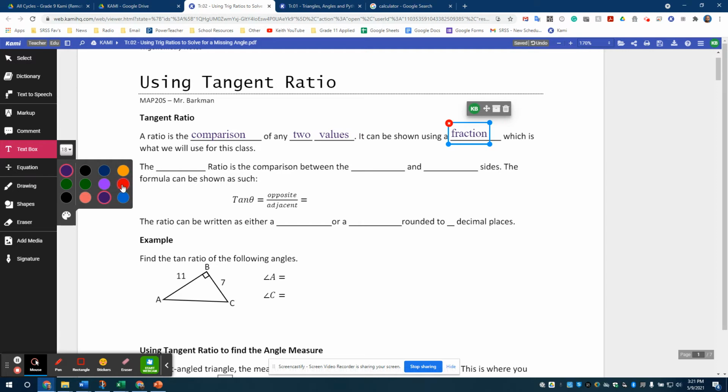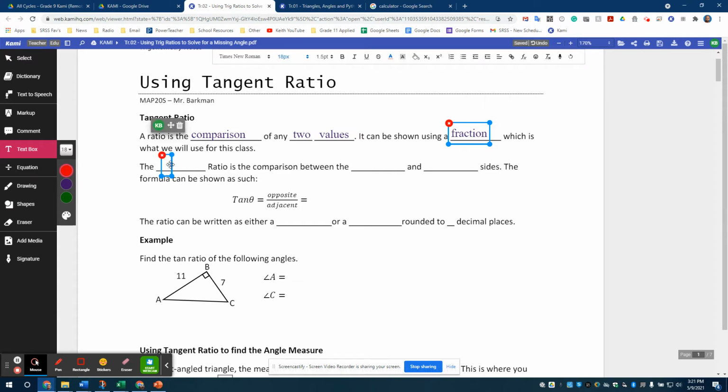In trigonometry, using triangles, we use a number of different ratios. One of the ratios that we use is called the tangent ratio.